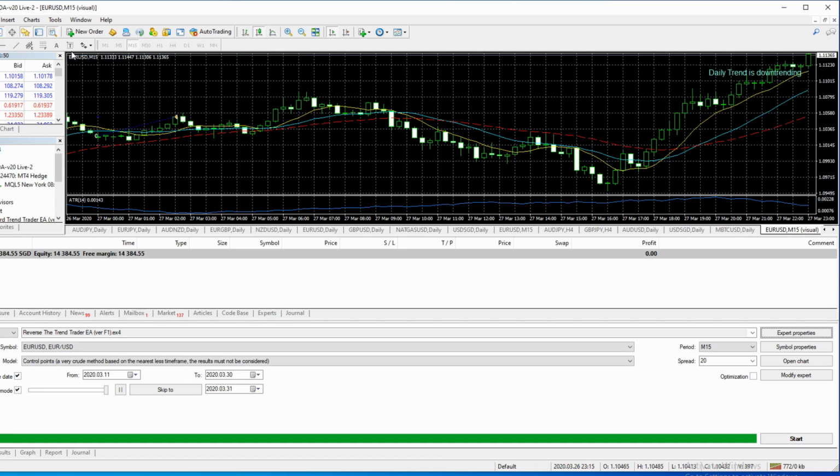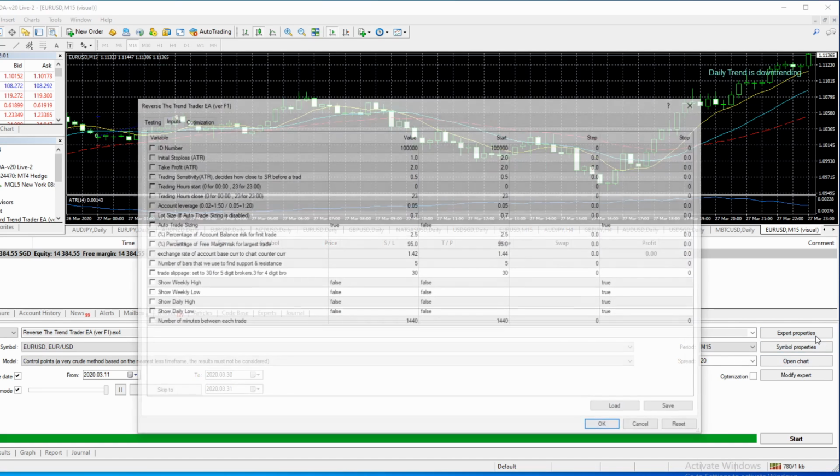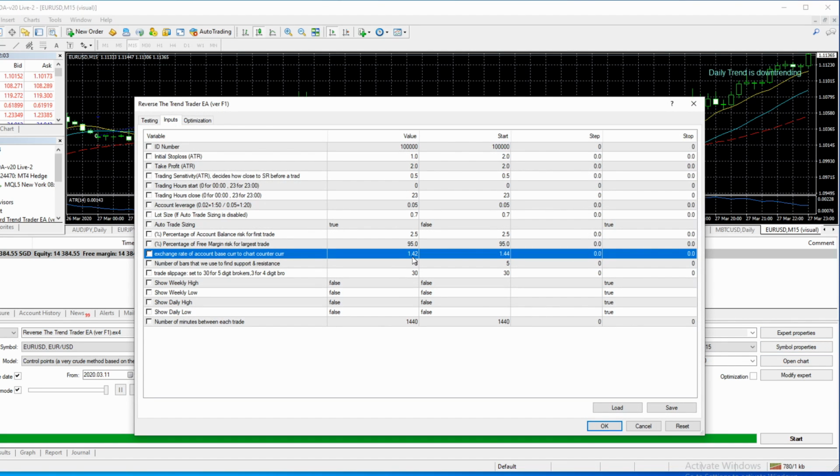And I don't know whether, what do you call Euro dollar? Is it the main currency or the chart currency? I'm not 100% sure. But basically, counter currency is USD. And I needed to factor in the current exchange rate of SGD, Singapore dollars, against, in this case, USD.